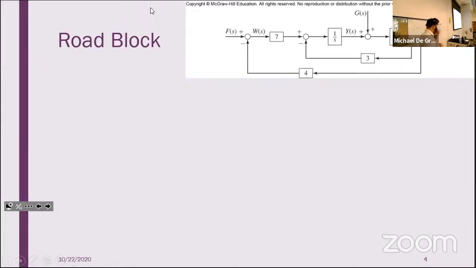Why would I want to do that? I want to know how the input and the output are related to one another. That's what the transfer function tells me. It's the ratio of my output to my input. So I want to collapse this entire block diagram down into a single transfer function.